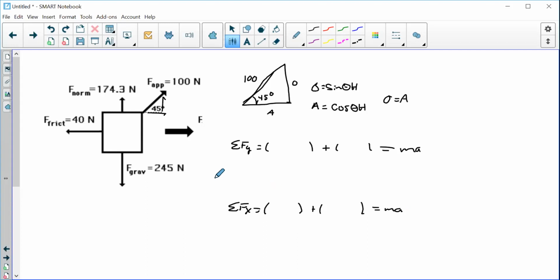Then plug in numbers and solve for acceleration. Well, you're going to have to solve for mass if you need acceleration. So divide that by 9.8 to figure out what the mass is. Do tenths, because it is a specific number of tenths.